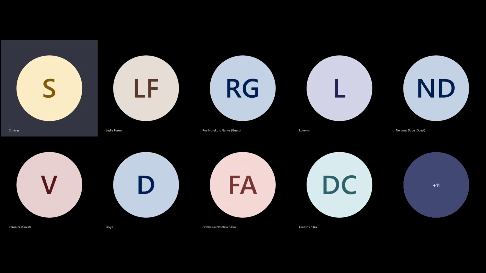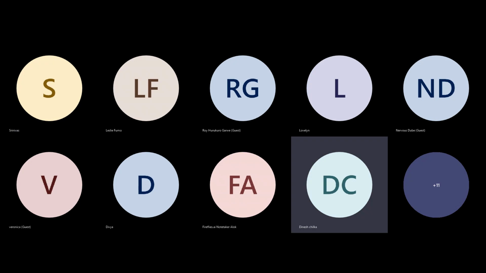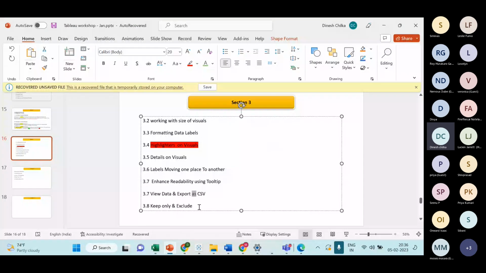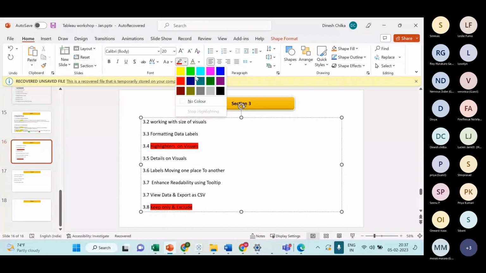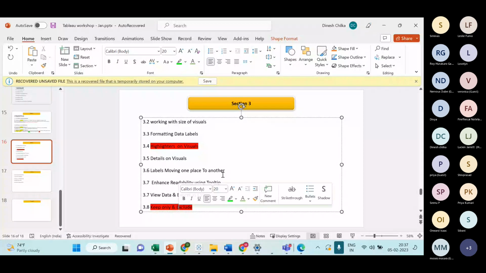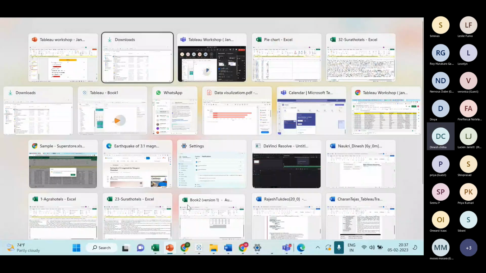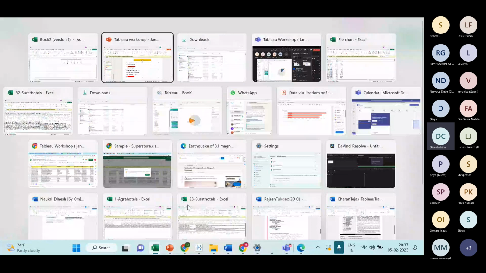The next step is keep only and exclude. So what is this option and how are we going to use the keep only and exclude option?